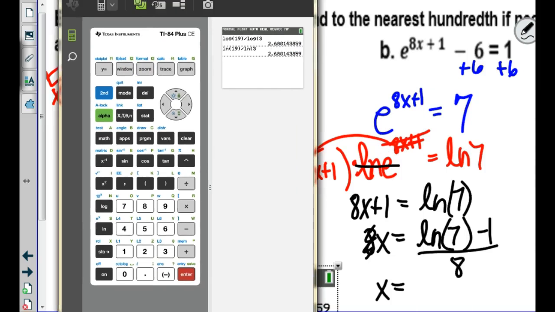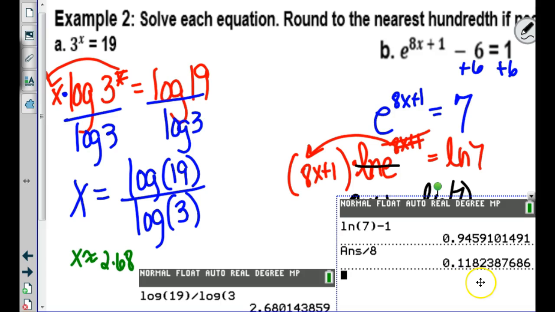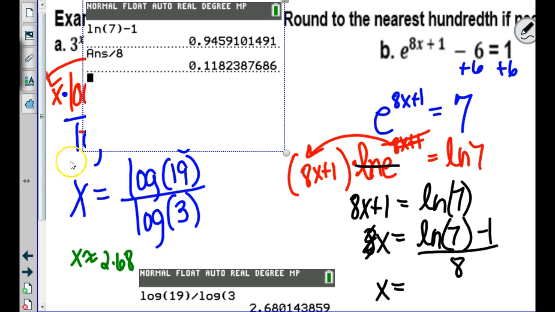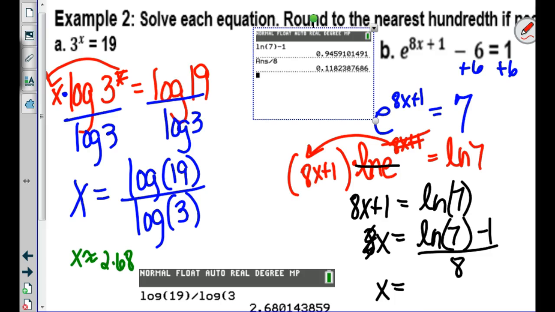All right. How come no one's writing these down? Are these all done on your paper? Yeah. Oh, okay. Sorry. ln of 7, close parenthesis, minus 1, enter, and then divide by 8. Is it 0.11, 0.12? They rounded? You got it? They had 0.12? Okay, this would have been exact right here.